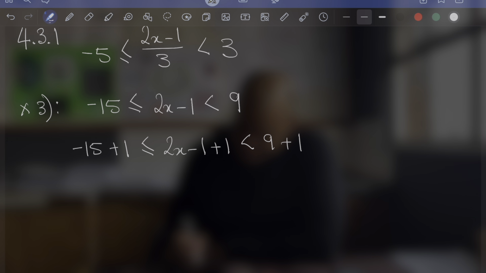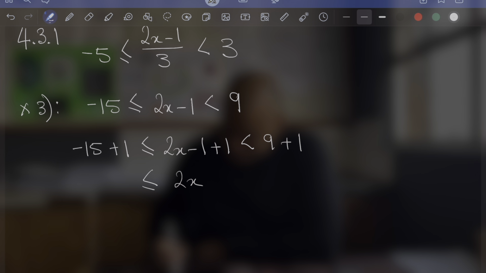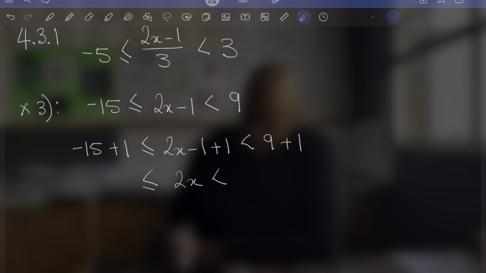Just before I simplify the left and right hand side of the inequalities, 2x minus 1 plus 1 will just be 2x. Those of you who think in terms of taking numbers from one side to another: I've taken the -1 and the sign changes just like with equations, so that's where that 1 ended up.